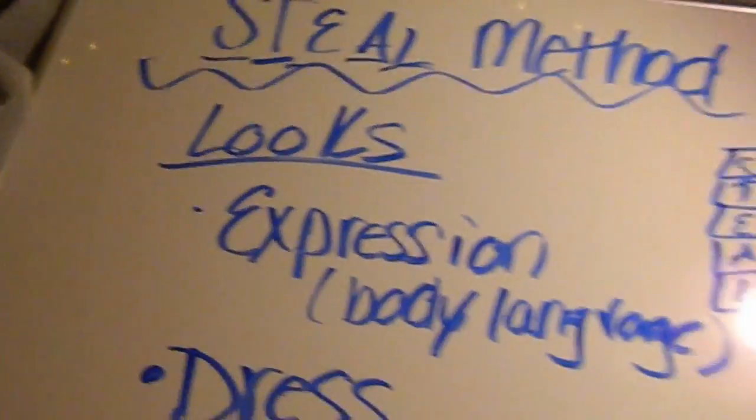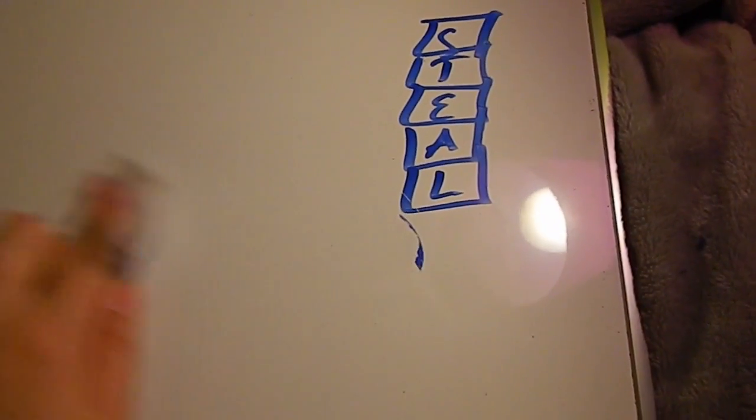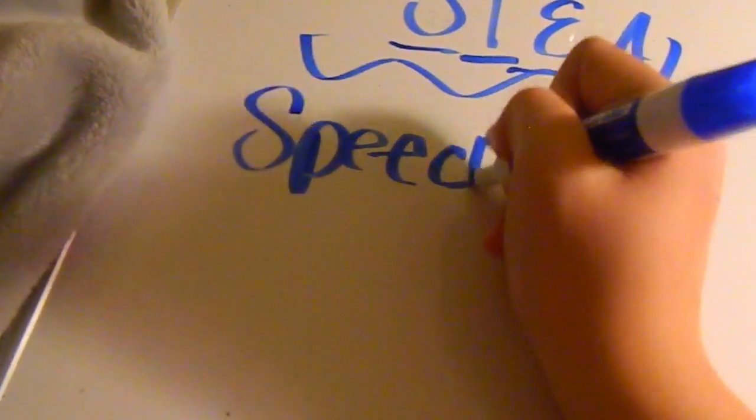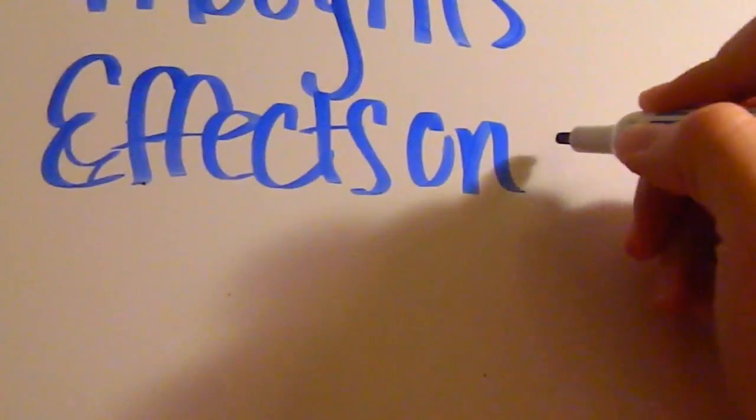Now, let's put them all together and see how it makes the cake. For the S, we have speech. T, thoughts. E, effects on others.